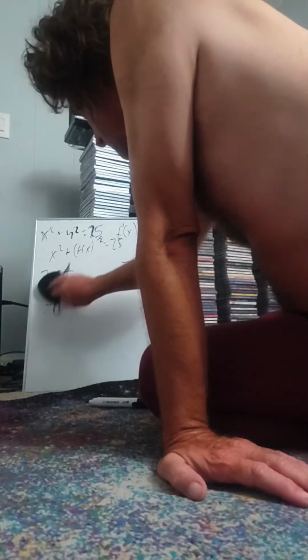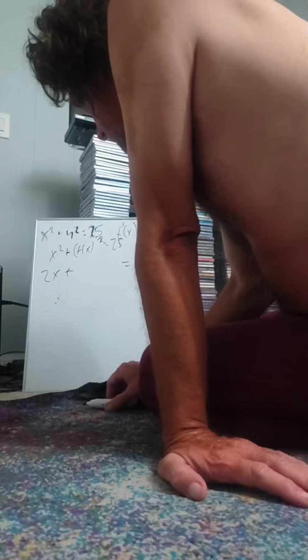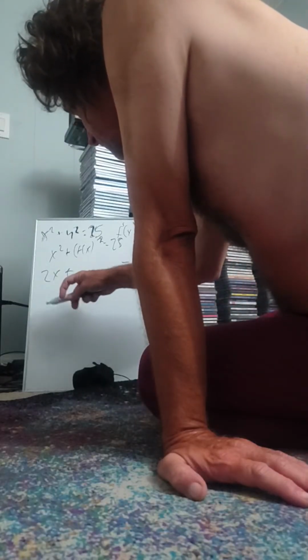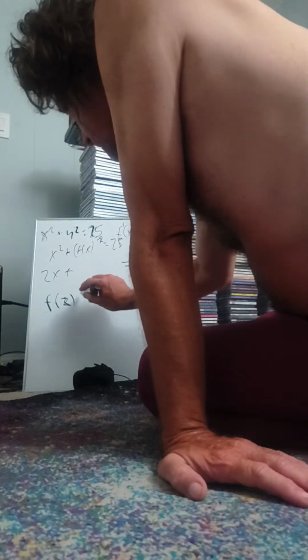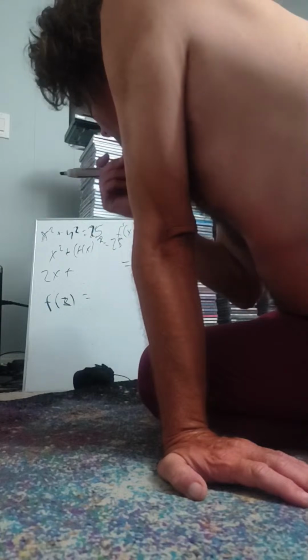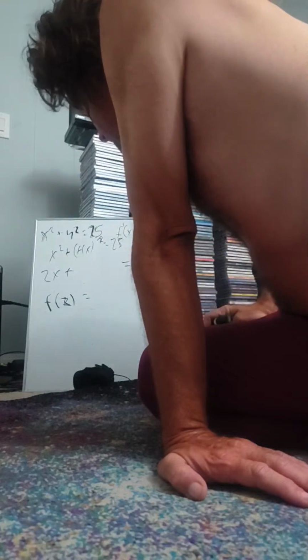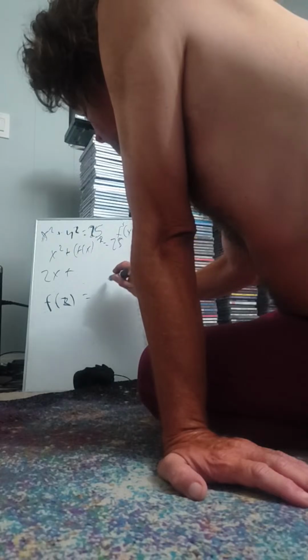No, it doesn't make sense. Let's call z, f of z equals z squared.